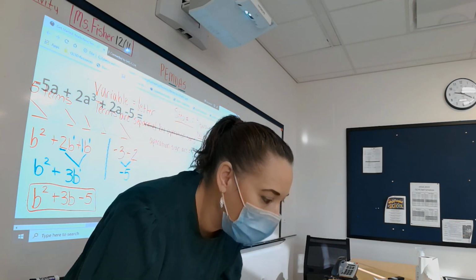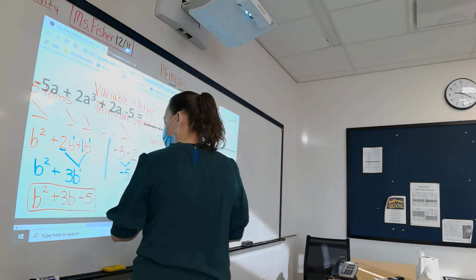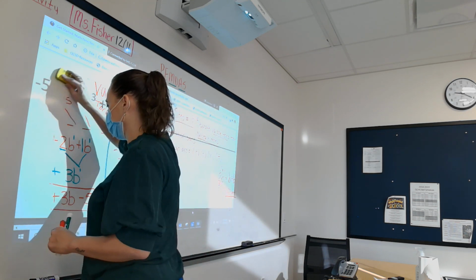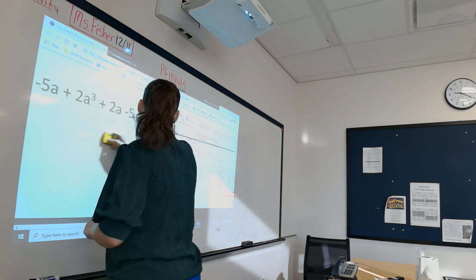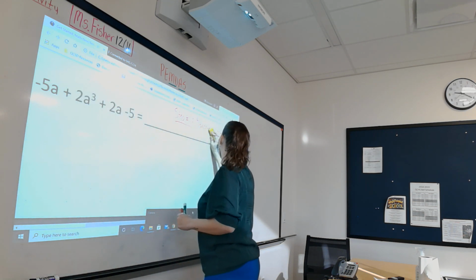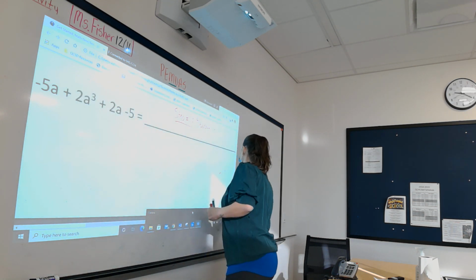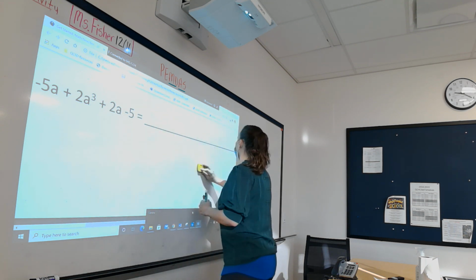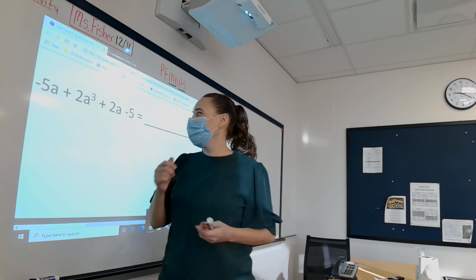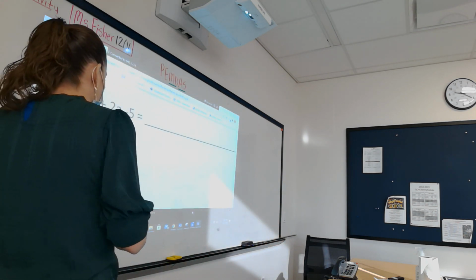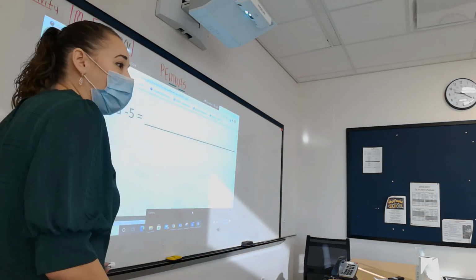Okay, so let's look at the next one. This will probably be all we have time for, which is fine. We'll go into this next week as well. So remember, step 1, we separate our variable terms.